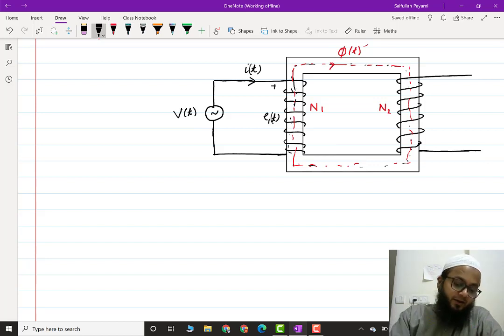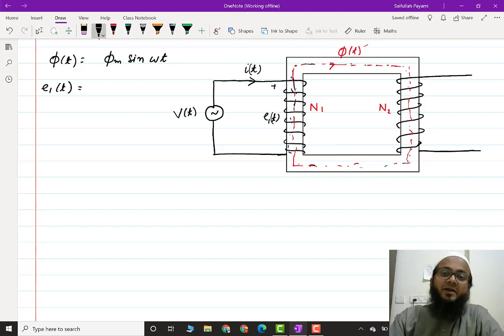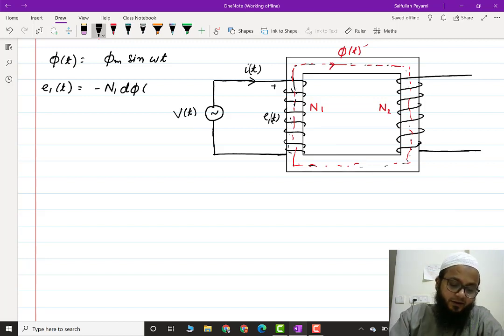e1(t). If phi(t) was phi m sine omega t, then e1(t) would be given by minus n1 d phi(t) upon dt.